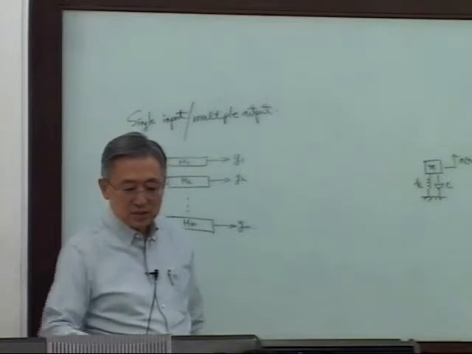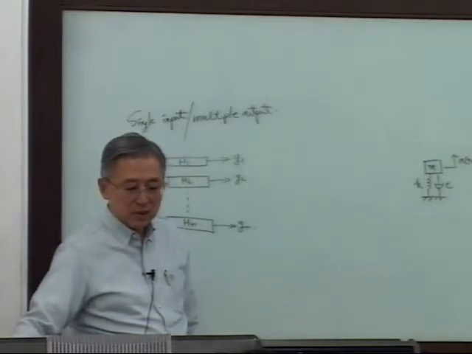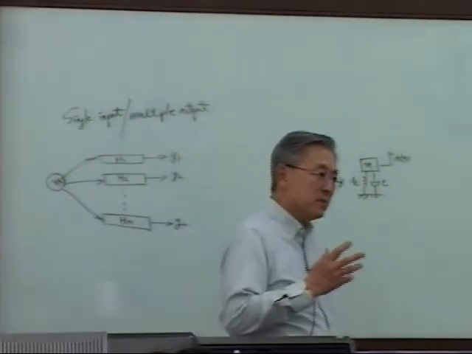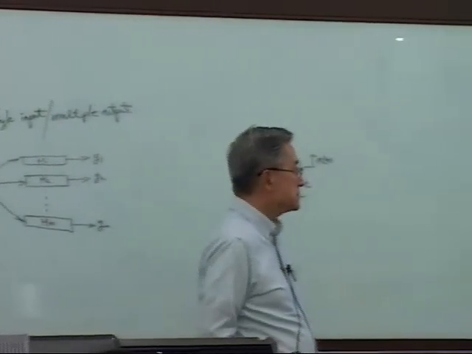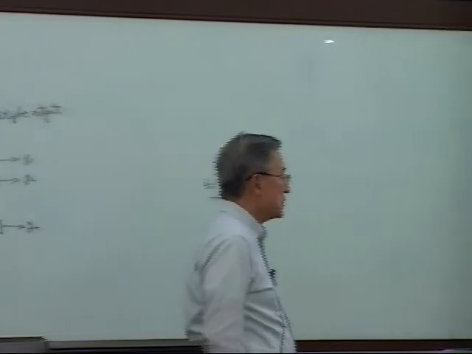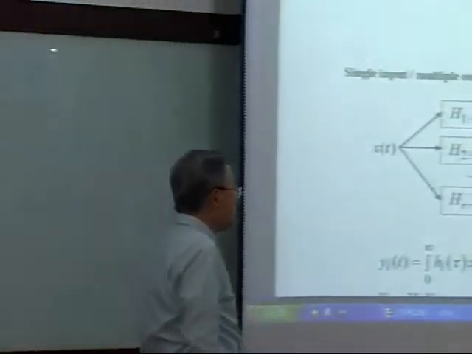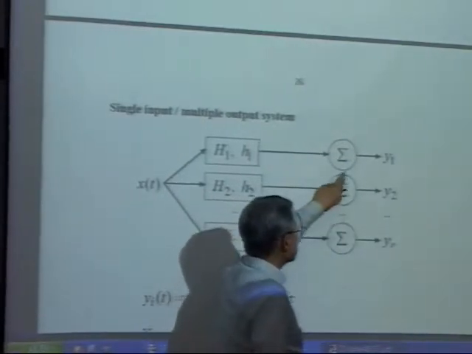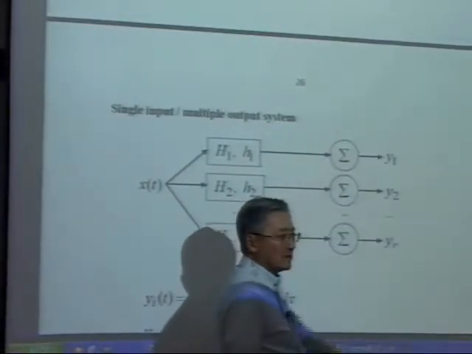And this is a single input, multiple output. Single input, right? And multiple output. If there is a noise, I can introduce noise right at the collection point if I want to.